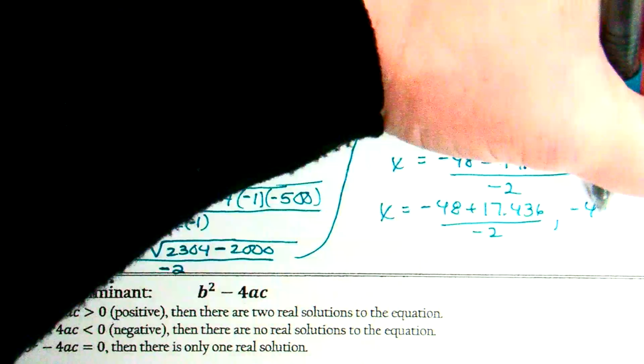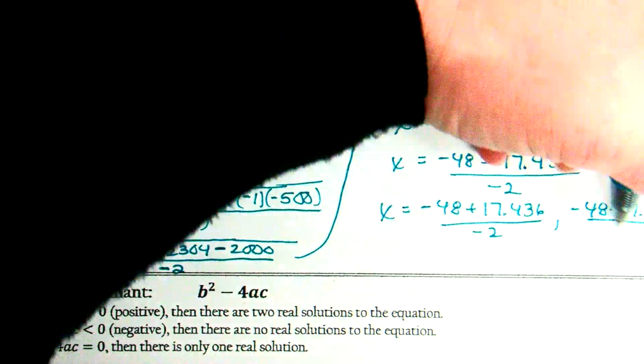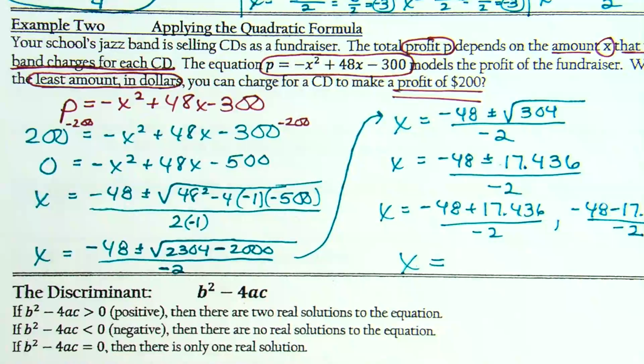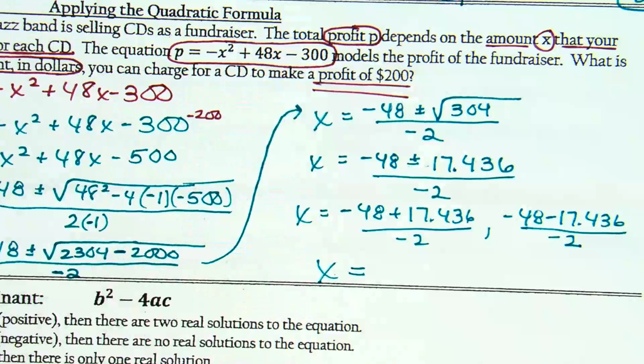And you're going to have to do negative 48 minus 17.436 divided by negative 2. So negative 48 plus 17.436, I would hit equals and then divide by negative 2. Make sure you know how to use your calculator or whatever calculator you like to use.